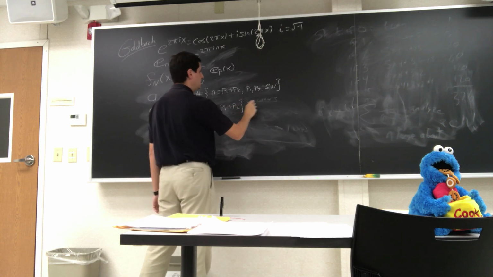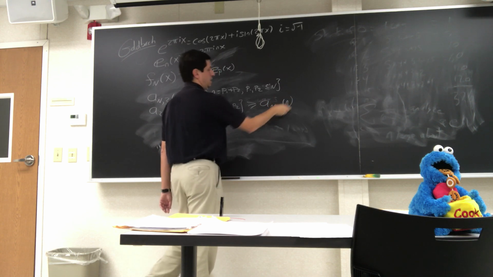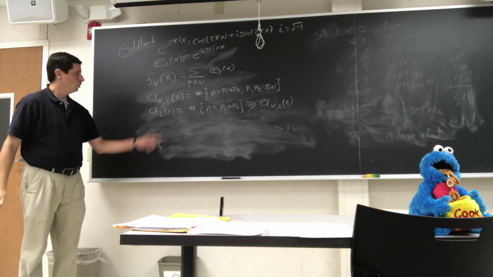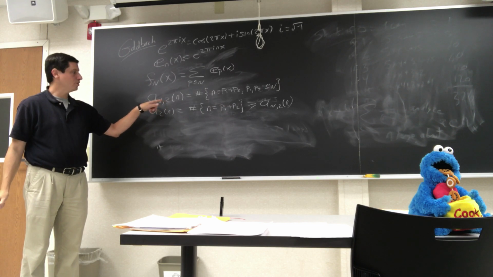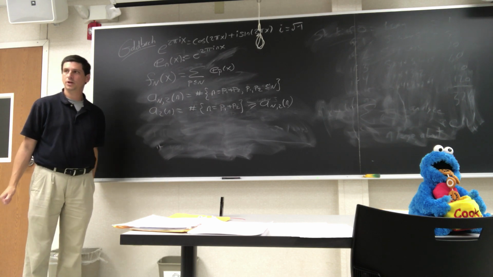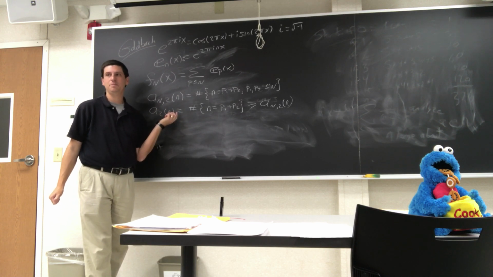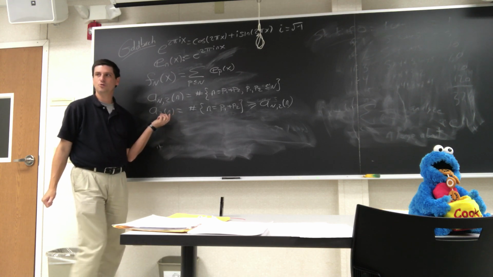And we know that that's clearly greater than or equal to a_N^2(n). So in this way, I'm only counting pairs where each prime is at most big N, and in this way I'm counting all pairs. Okay? And clearly, this has to be at least as large. It can't be smaller, because it has no restriction.